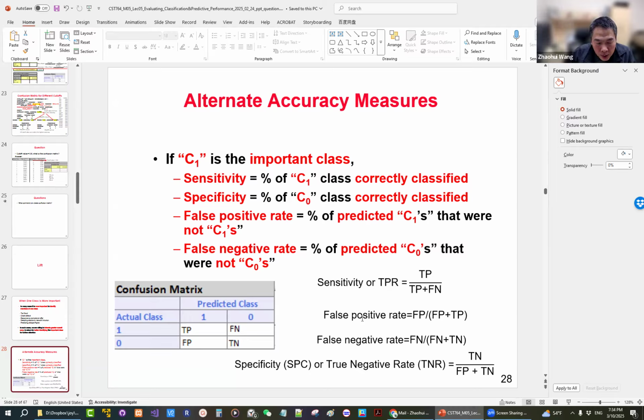The equation is FP divided by FP plus TP.